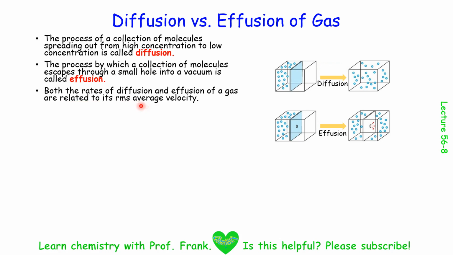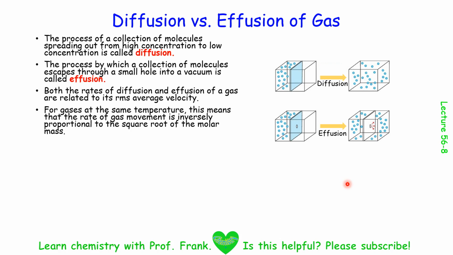Both the rates of diffusion and effusion of a gas are related to its RMS, root mean square average velocity. And at the same temperature, this simply means that the rate of gas movement is inversely proportional to the square root of the molar mass.